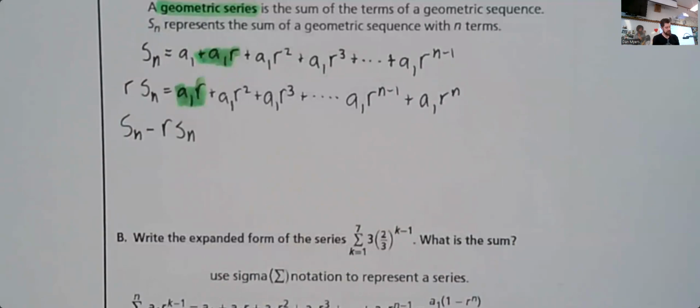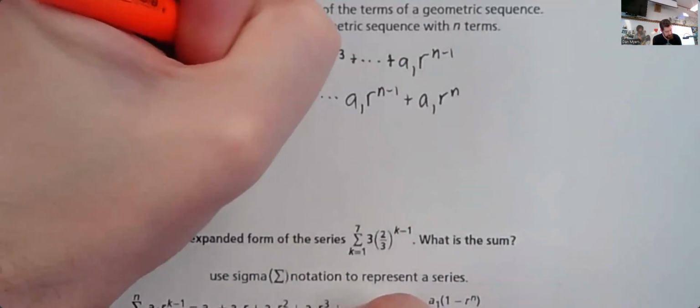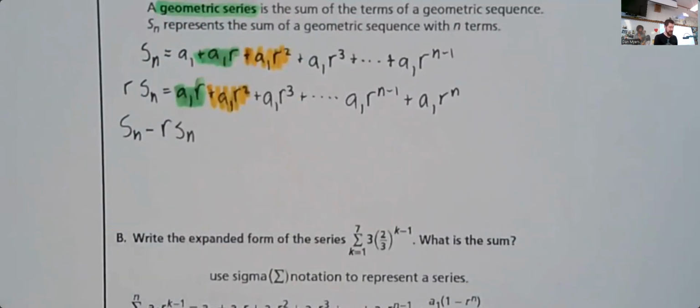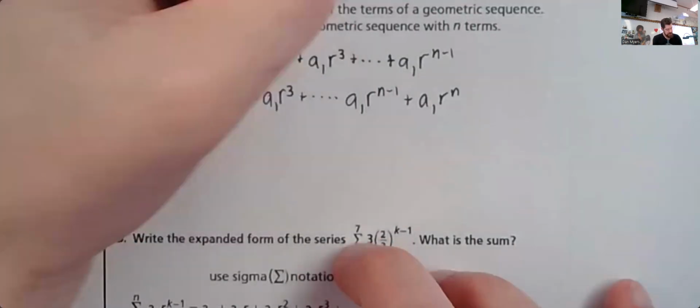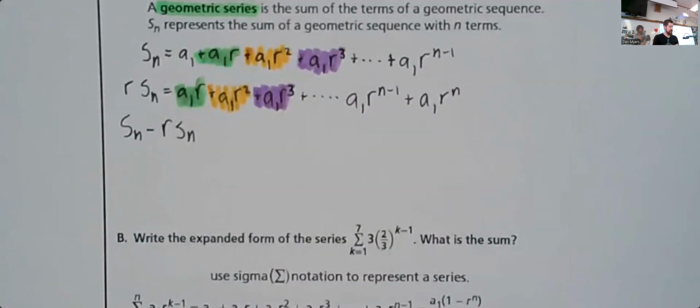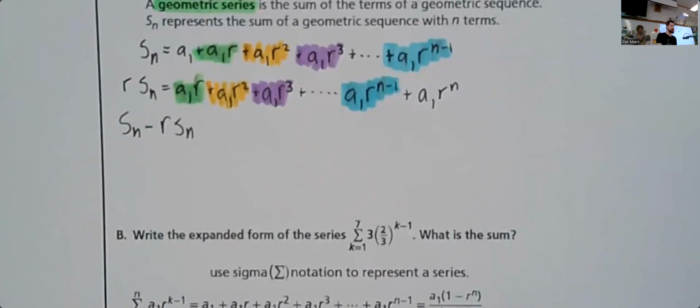However, this one and that one are the same. And this one here and this one here are the same. And this one here and this one here are the same. And one more color. This last term and the second to last term here are also the same. So it doesn't matter how many terms you have in the sequence.